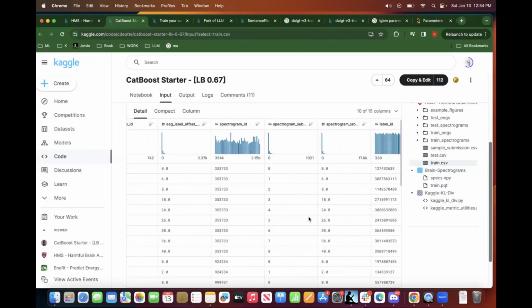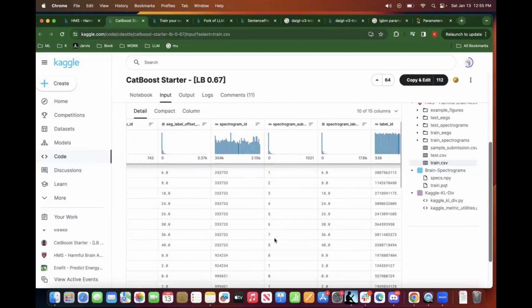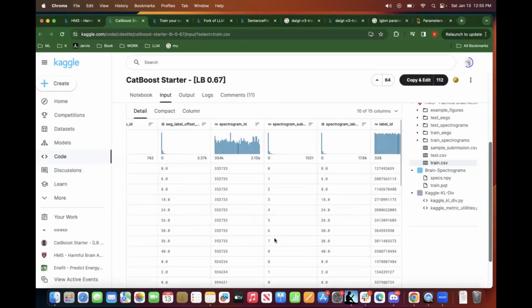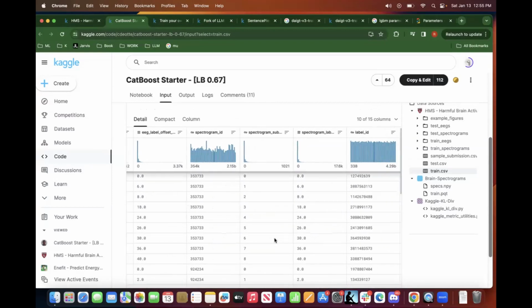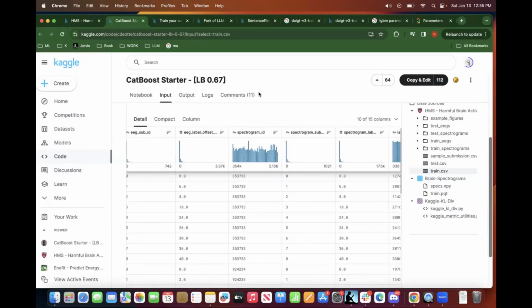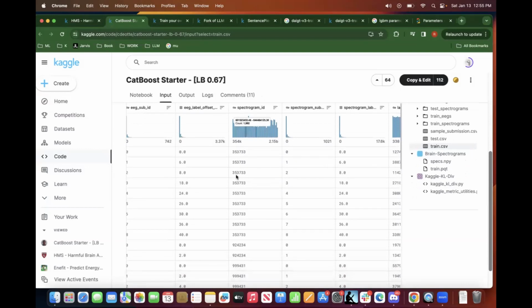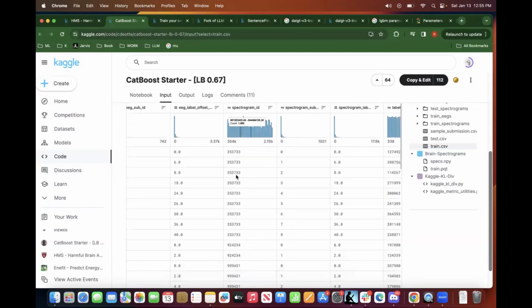I think Steve provides some plots which illustrate that in his analysis, which I haven't gone through. The offset of the spectrogram within an EEG is the offset of the spectrogram starting point from the EEG 0th point.